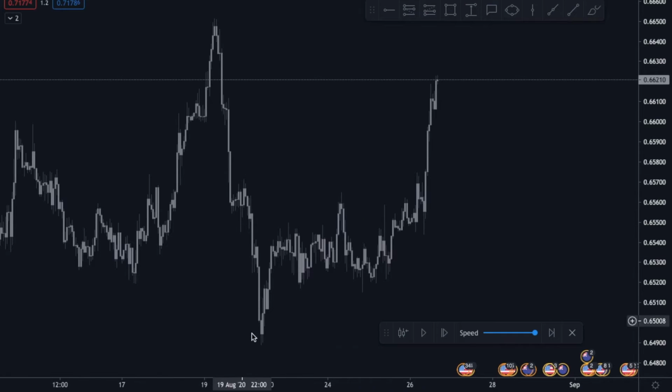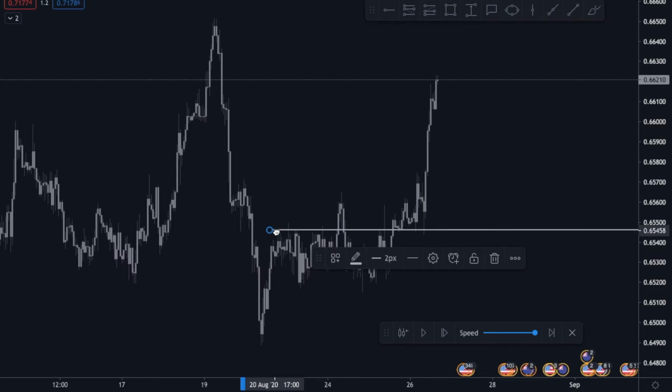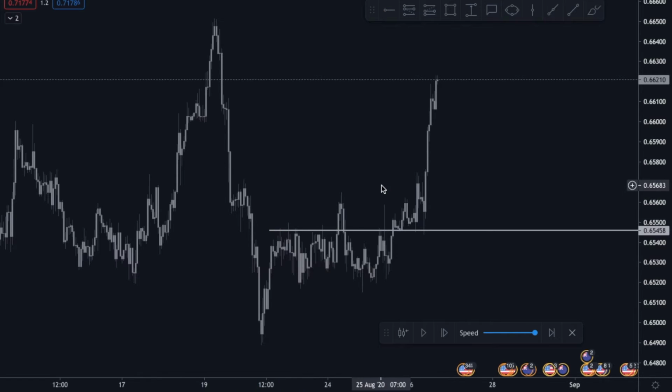Starting from here, price came down very bearishly. And starting from here, it came up, got very choppy, probed up, came right back down, but we did eventually breach this area, came up, used it as support to now push higher.